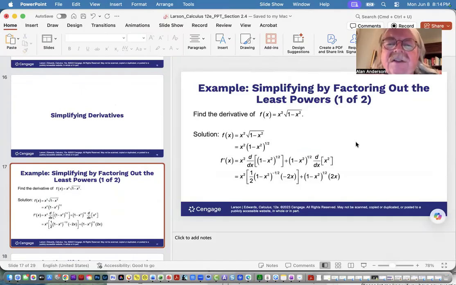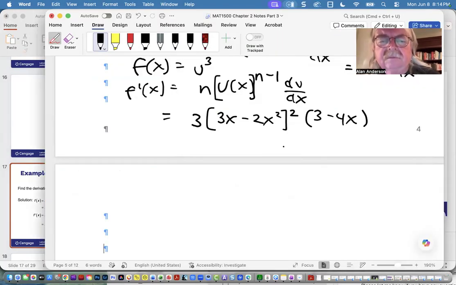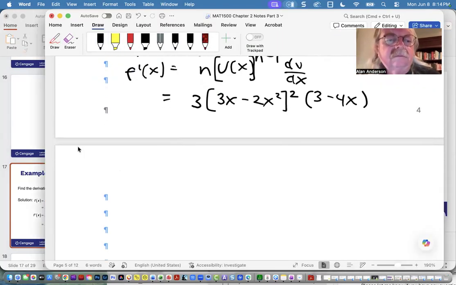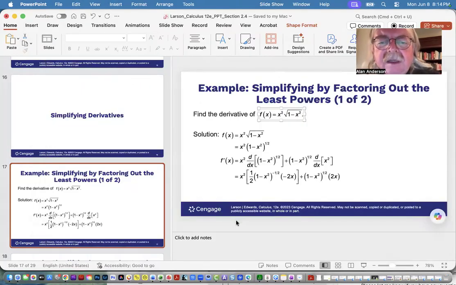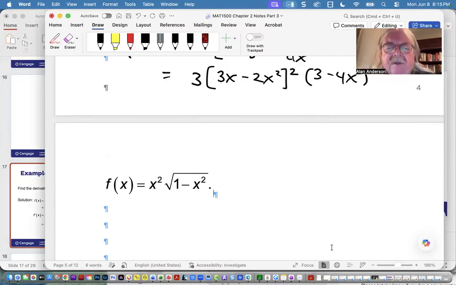So here's their first example. And what are they going to have us do? Hmm. Well, at least in the beginning, there's really not a whole lot we can do.